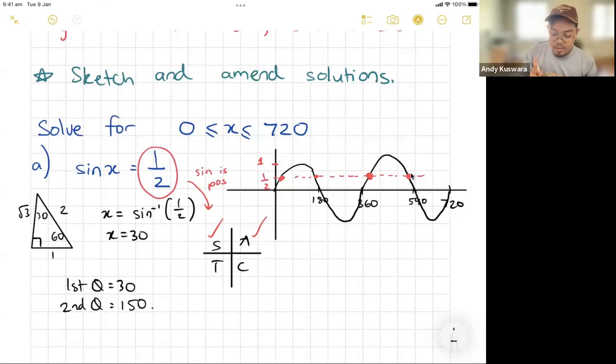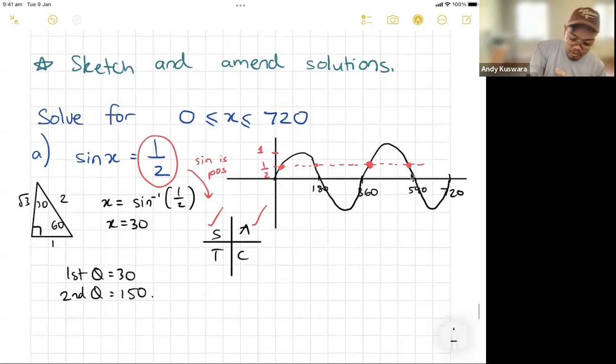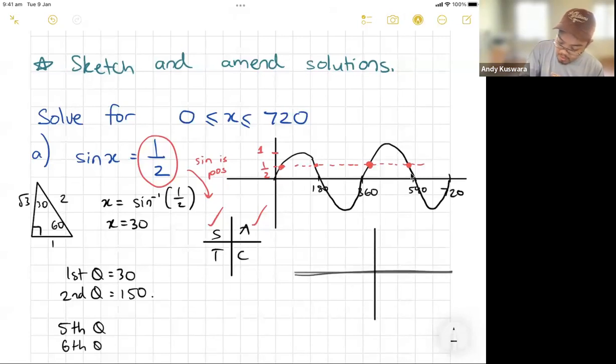And so we found our first 2 solutions, but we need to find the next 2. The easiest way to talk about it is this is technically my 5th quadrant, and then I also have one more, which is in my 6th quadrant. The reason that happens is, if I draw a little diagram, you'll see what I mean.